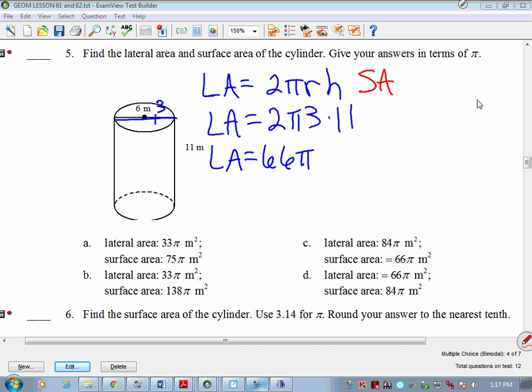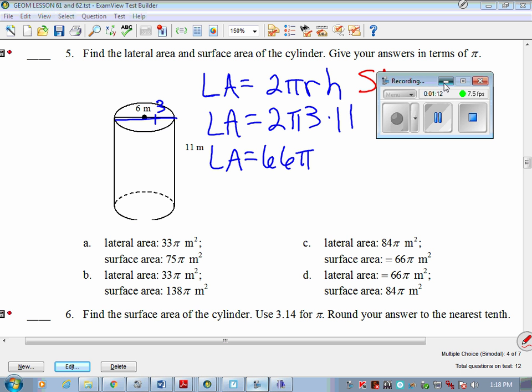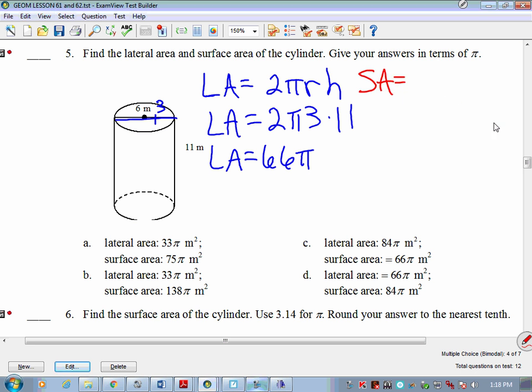Now with surface area, we're going to take our lateral area and add it onto our pi r squared. All right, surface area. Surface area is going to take that lateral area that we just found, and add the two bases onto it.